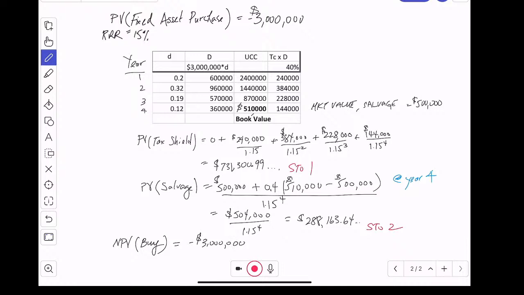That's the purchase. Plus the tax shields. Look at that, almost $1 million, $750,000 in savings from the tax shields. And 288 from the sale of the asset.